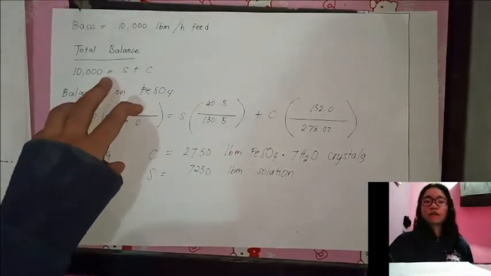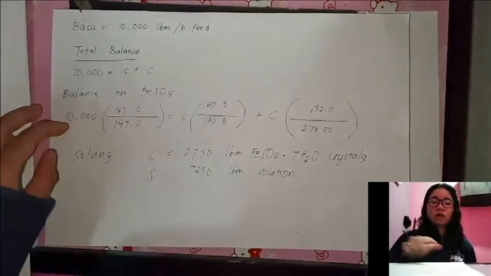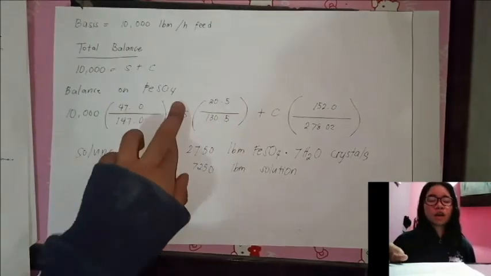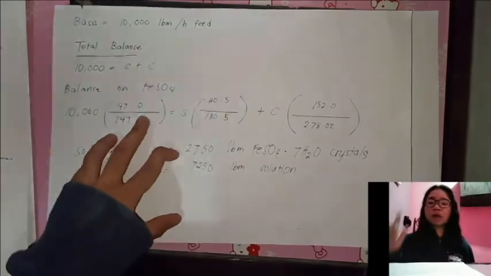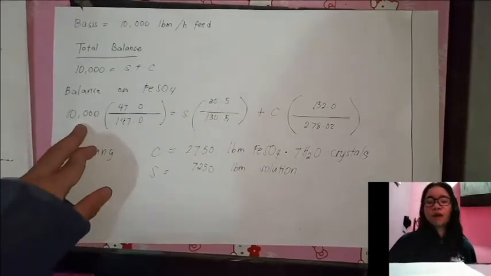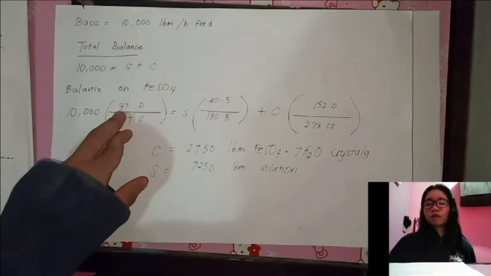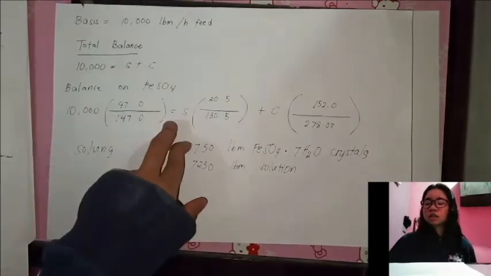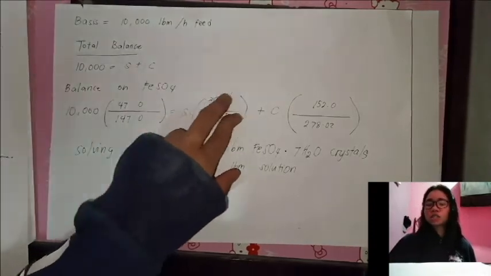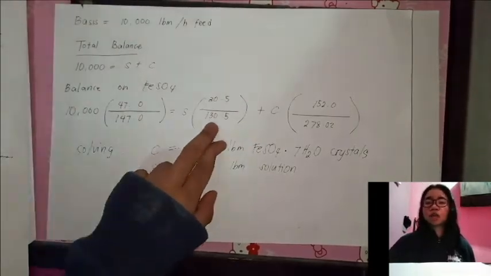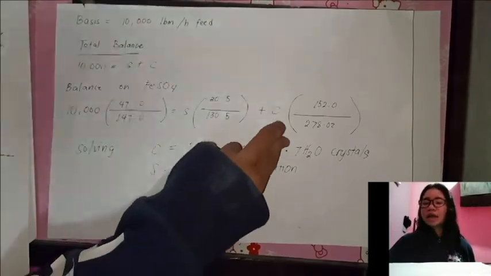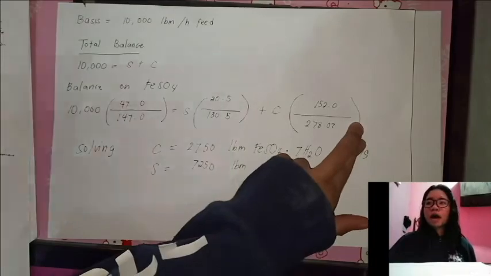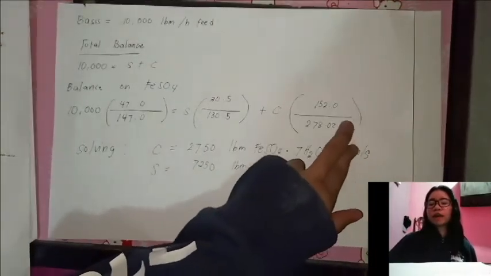For the iron sulfate balance, 10,000 times 47.0 over 147.0 equals S times 30.5 over 130.5 plus C times 152.0. 152.0 is the molecular weight of iron sulfate over the molecular weight of iron sulfate heptahydrate, which is 278.02.